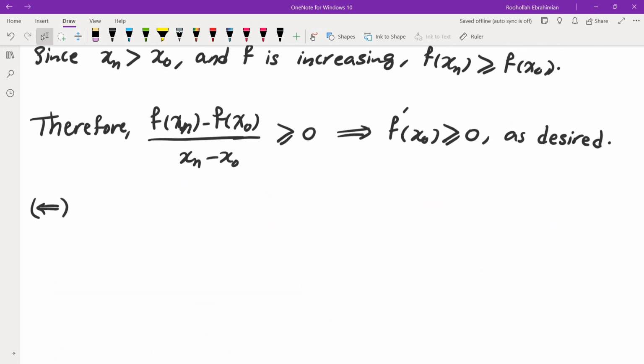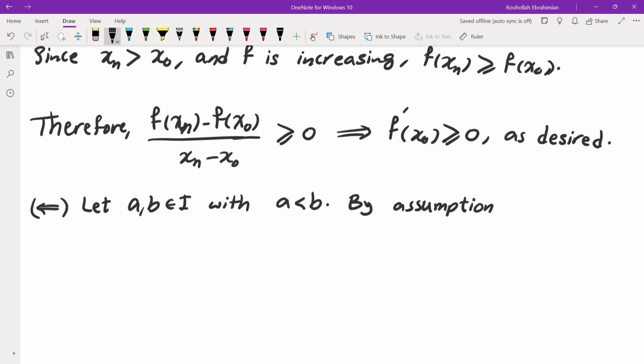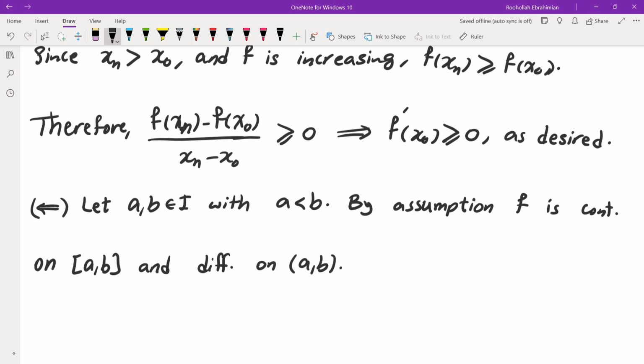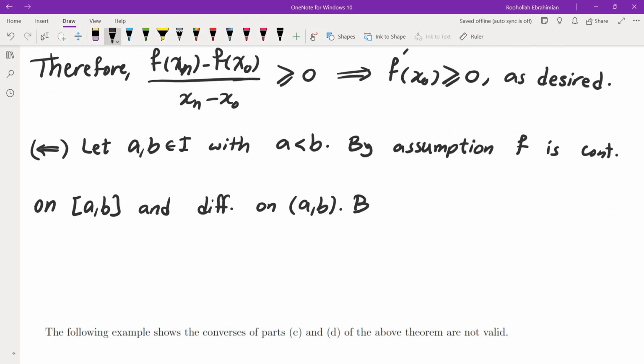So take two points inside the interval. Let a and b be in the interval with a less than b. By assumption, f is continuous on the interval [a, b] and differentiable on the open interval (a, b). So therefore I can use the mean value theorem.